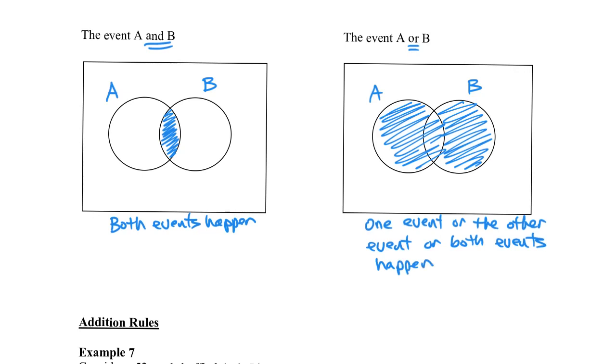That's why the formulas are different. When there's an and, we use these multiplication formulas that we've seen, the multiplication rules. When there's an or, we're going to use what's called the addition rules, and that's what we're going to look at next. For this event, we would use the multiplication rule. For this event, we would use an addition rule.